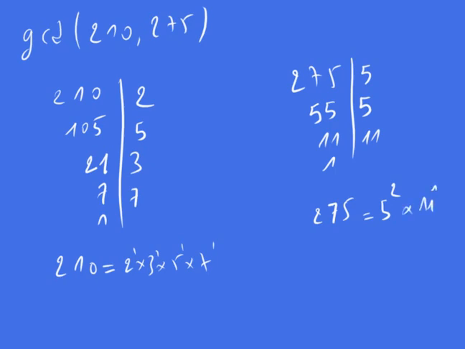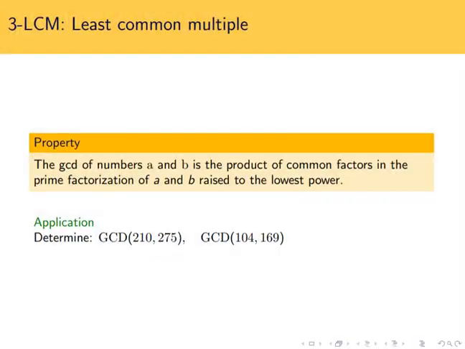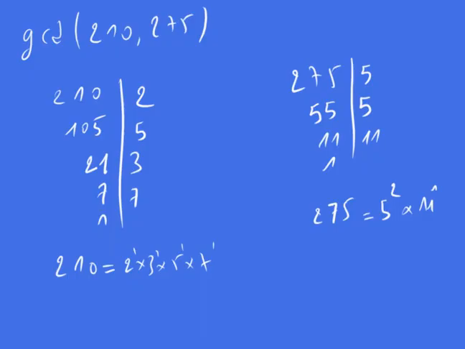So the theorem says the GCD is the product of the common factors in the prime factorization of A and B raised to the lowest power. So where are the common factors? Here we have only one common factor, which is 5.